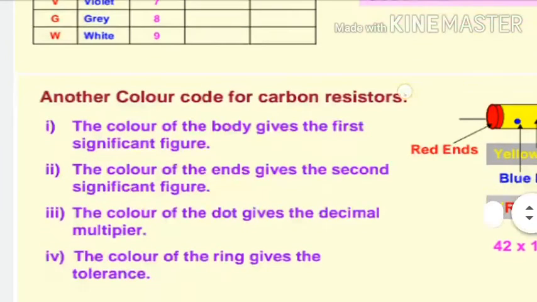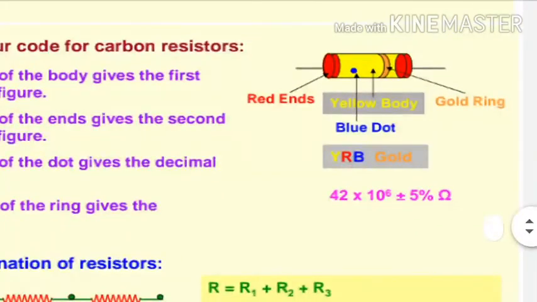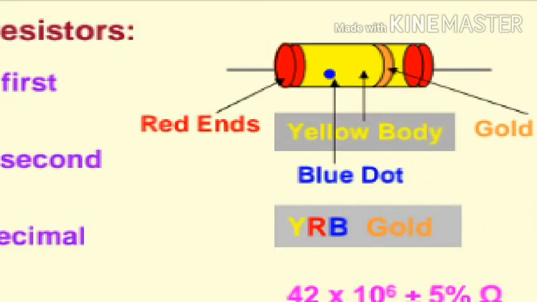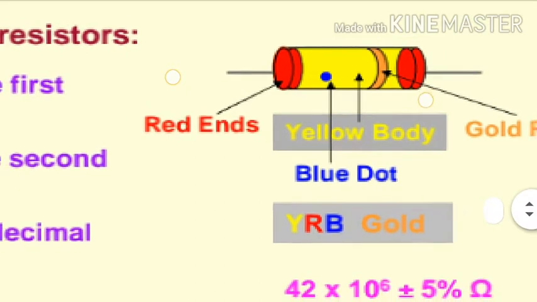Now there is another type of resistor that has different colors indicated on its surface, and such a resistor is also a carbon resistor. In this type of resistor, the whole body is colored with a single color, known as the body color, and there is a colored dot.